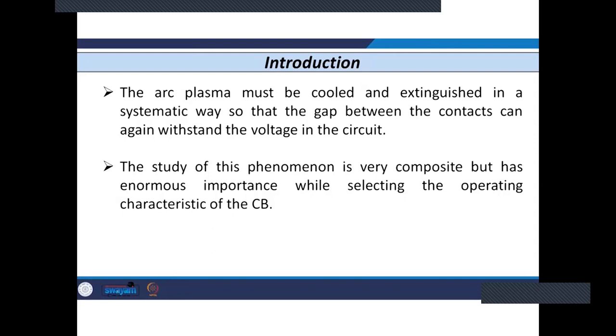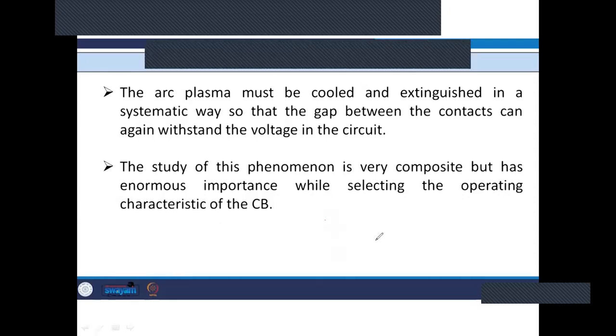In this way the arc is extinguished. This is one of the methods. Some other methods involve cutting the arc by a mechanism like this, for example, the iron gap.